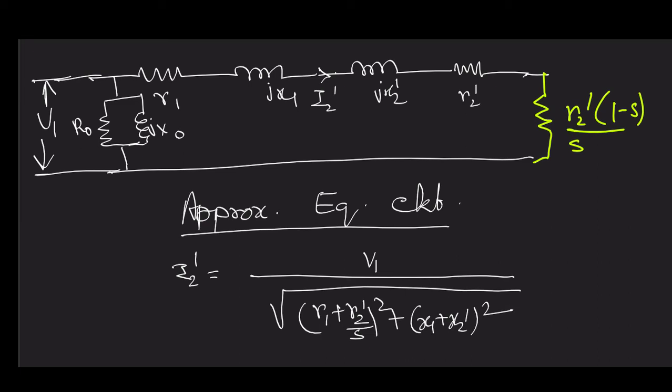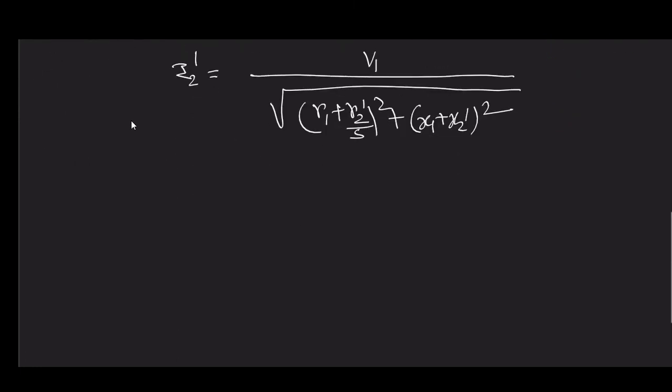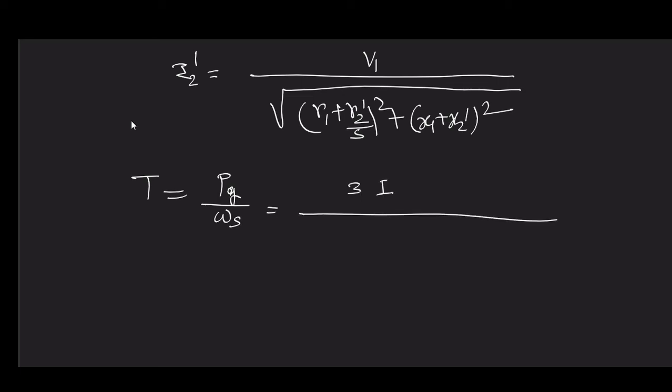Now that leads us to torque, because torque is Pg by omega s, and your Pg is 3 I2 dash square R2 dash by s.